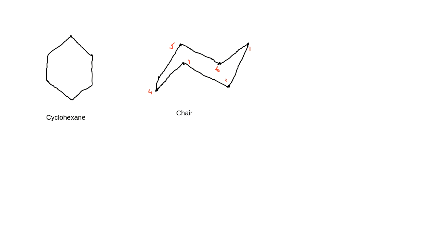That is going to be the same as all of these, 1, 2, 3, 4, 5, 6. So let's say there's a methyl here, then there's going to be a methyl here. If there is a chlorine on carbon 3, there's going to be a chlorine on carbon 3. Vice versa.